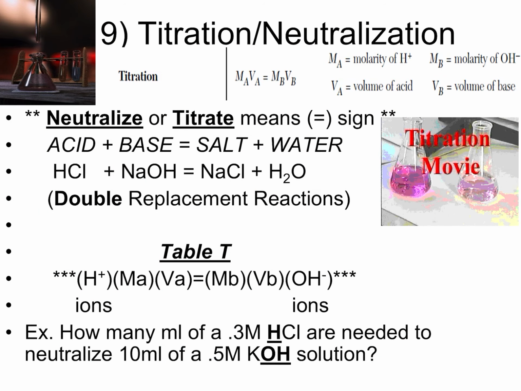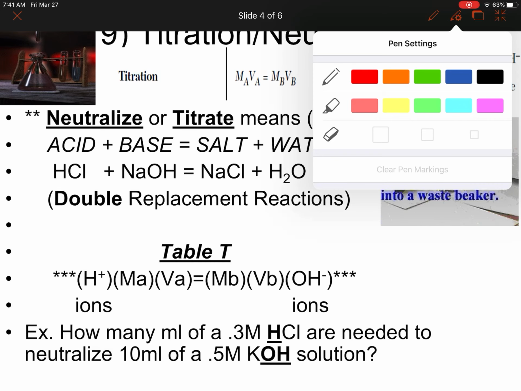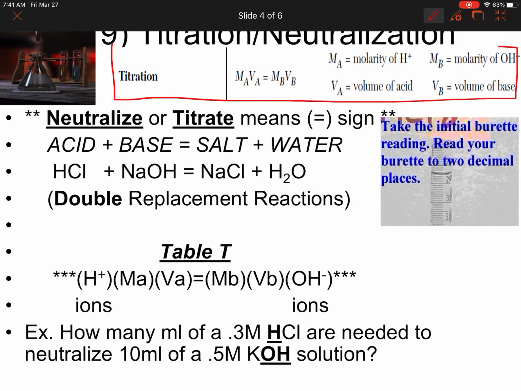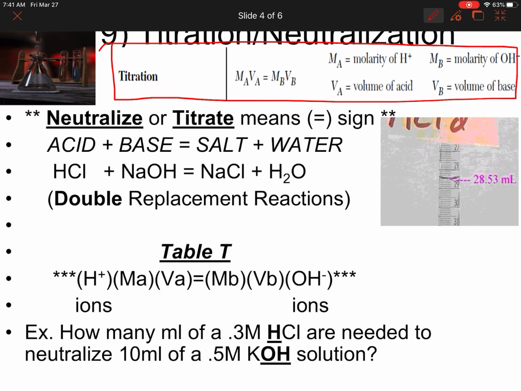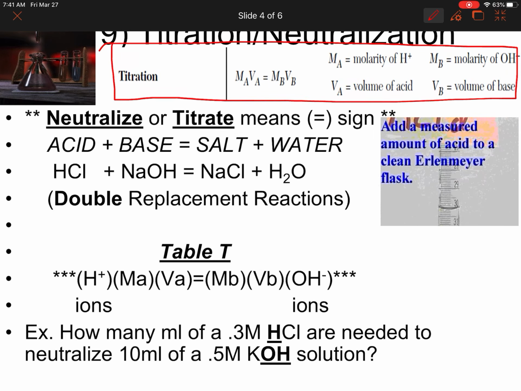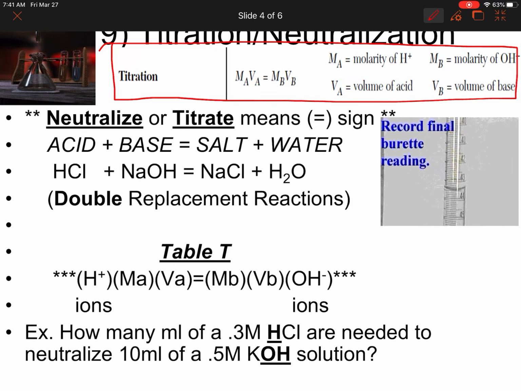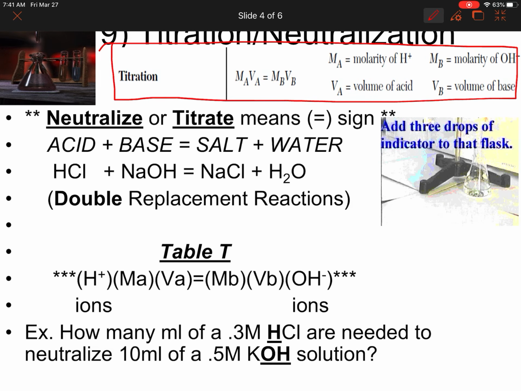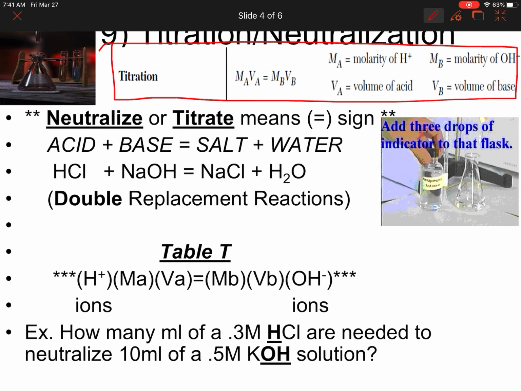All right. So here's a formula, guys. It's on Table T. Titration or neutralization, right? To neutralize or to titrate is basically, if you have an acid, you're going to add a base to neutralize it. Because you remember, going back to the pH scale, neutral solutions, what number?